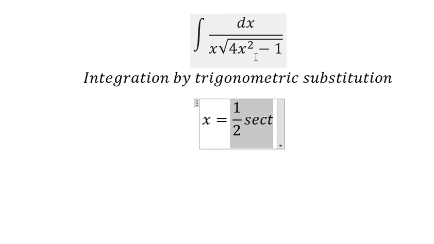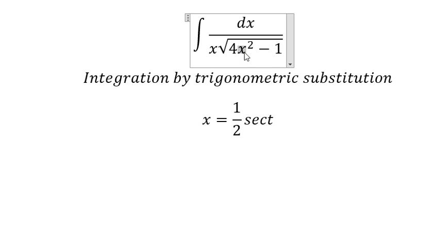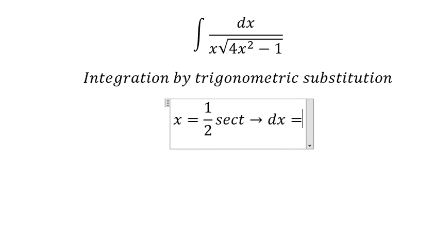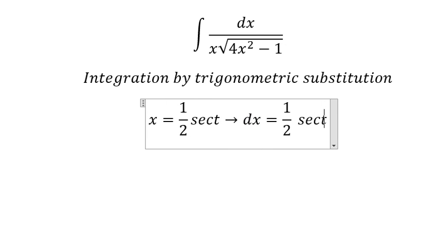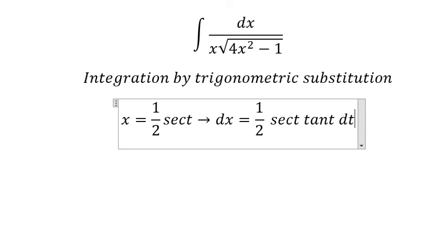Because if I put this one going in here, you get 1 over 4 secant of t squared. Number 4, we cancel. Secant of t squared minus 1, we change to tan t squared, and later we simplify the square root and ds. For ds we have 1 over 2 secant of t tan t dt.